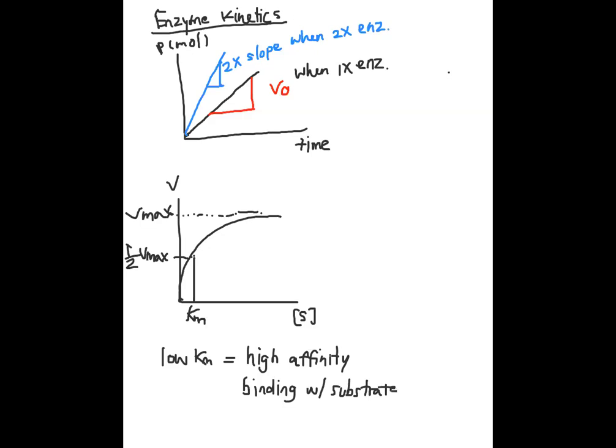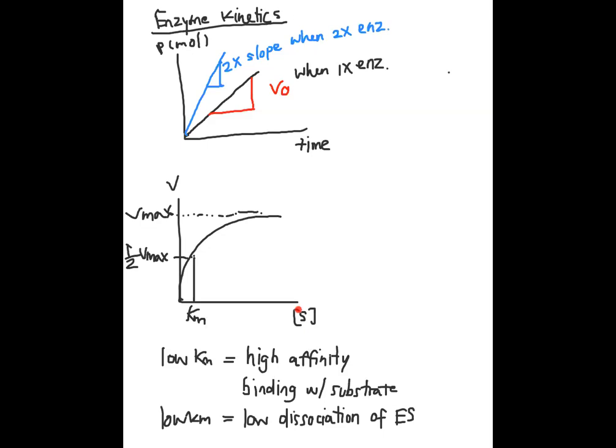Or here we have low dissociation of enzyme substrate complex. And what else can we obtain from this graph is when you're comparing the value of Km and the concentration of substrate.